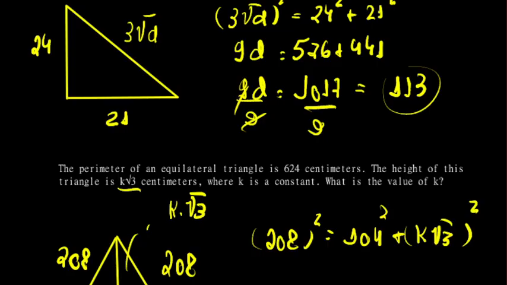So you can use the calculator on the SAT. So it's gonna be a hard calculation here. 208 squared minus 104 squared is equal to, it's gonna be k squared, like it's gonna be 10,818, 60.